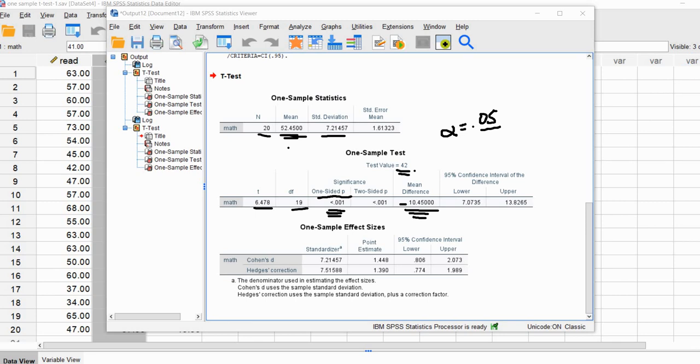So just be careful not to just solely look at the p-value when it comes to making a decision about rejection of the null hypothesis, particularly in those cases where you're working with a directional hypothesis.